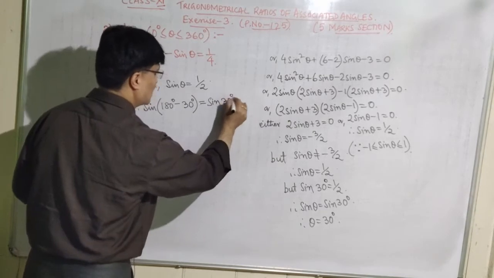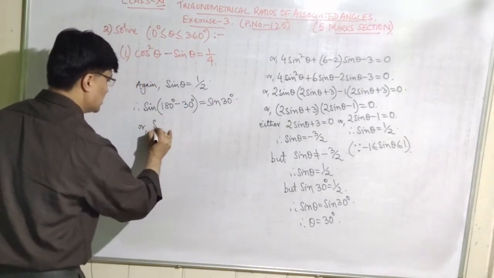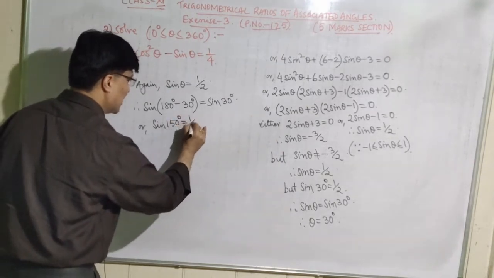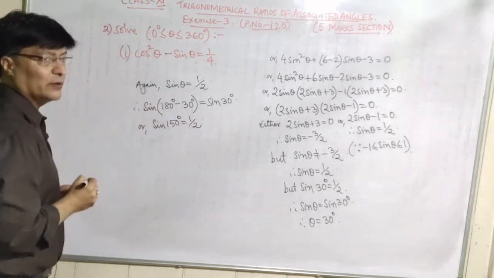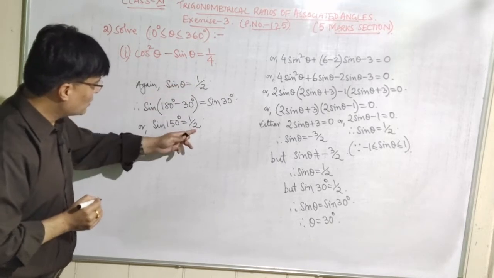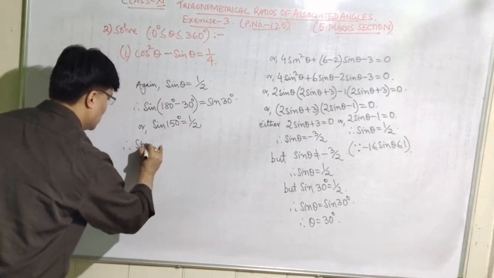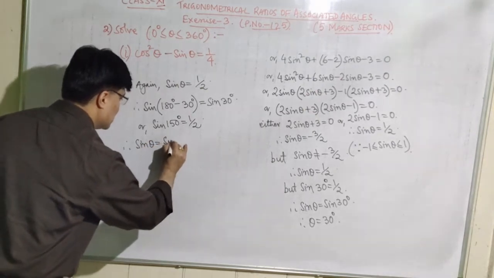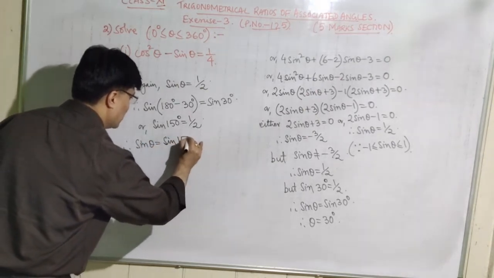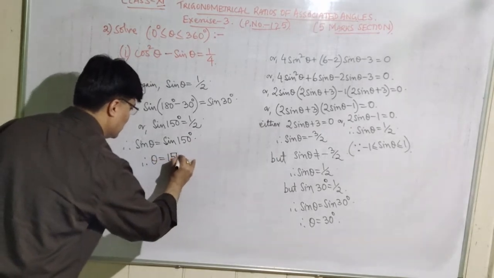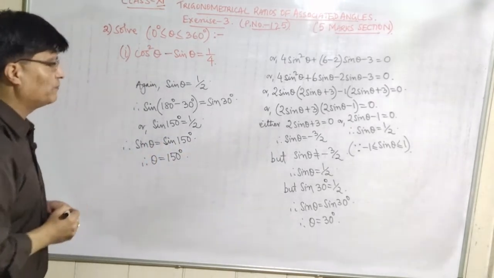So it is sine 30 degree, or this is sine 150 degree is equal to sine 30 degree, which is half. Since the right hand sides are equal, the left hand sides must be equal. Therefore sine theta is equal to sine 150 degree.